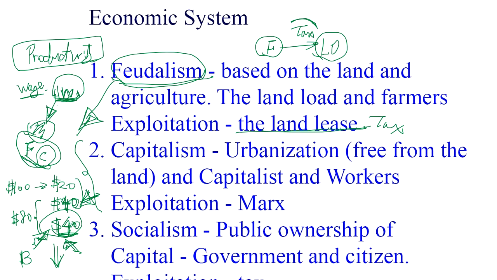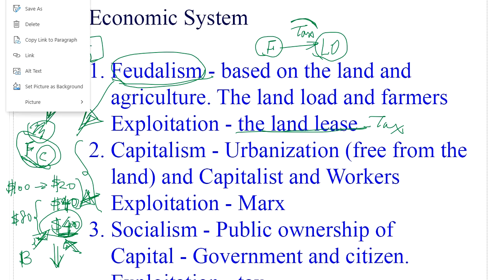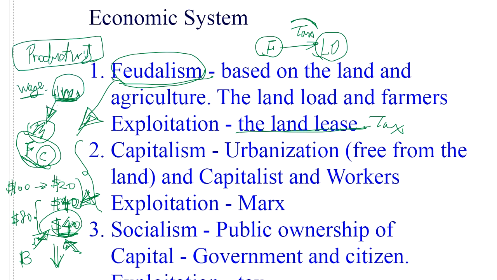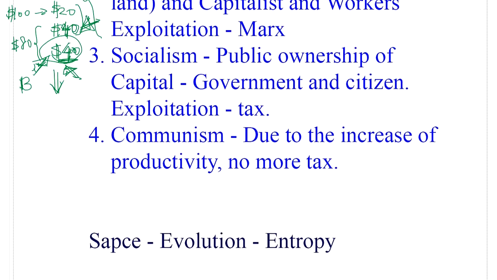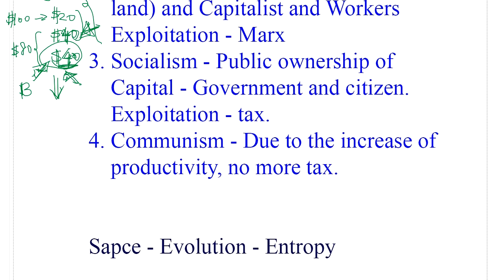Okay, and here comes socialism. Socialism is public ownership of capital. So there's no more capitalist. So what happens is capitalists disappear, and all the workers are part of the shareholders.